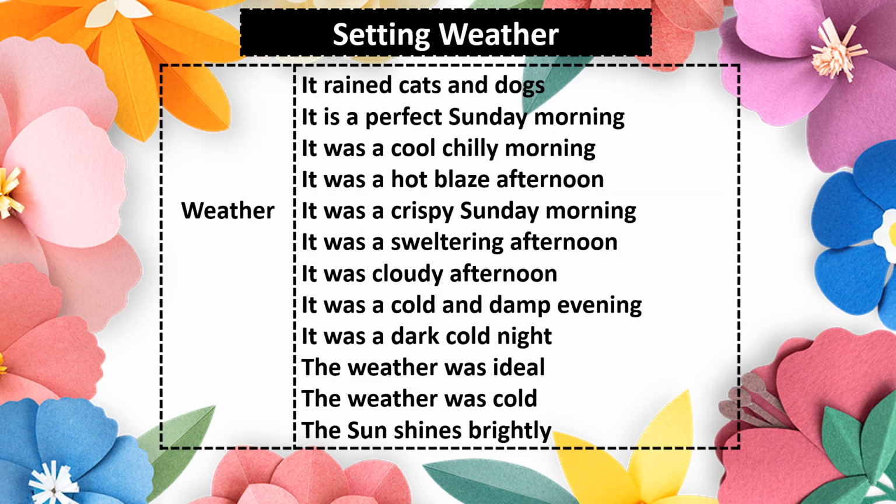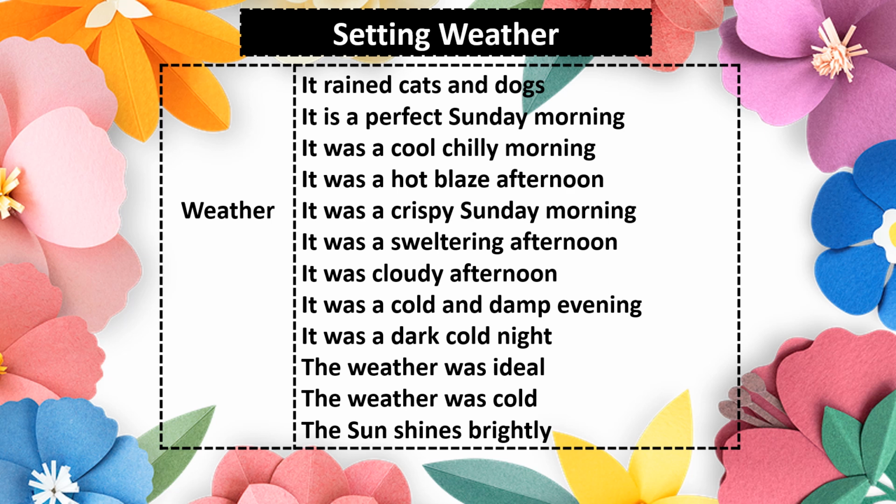So these are the settings for weather. These are examples of sentences that you can use in your story to give details about how the weather was during the incident. The examples given are: it rained cats and dogs, which means it rains heavily. Next, it was a perfect Sunday morning. It was a cool, chilly morning. It was a hot blaze afternoon.